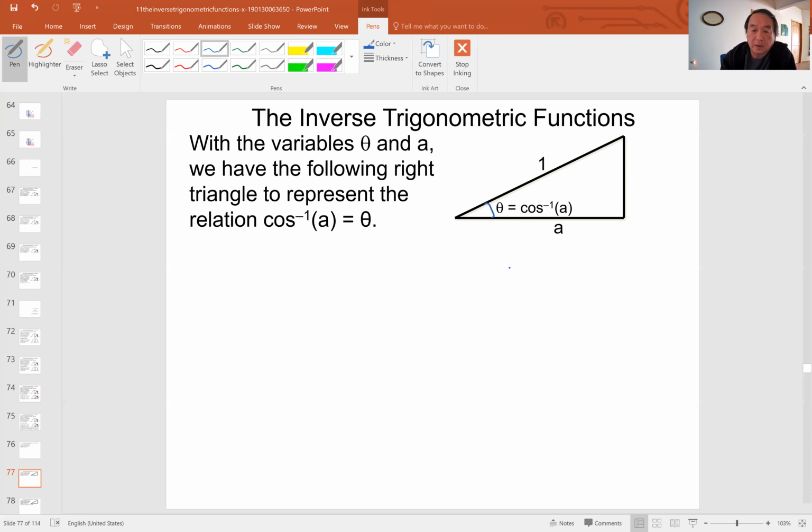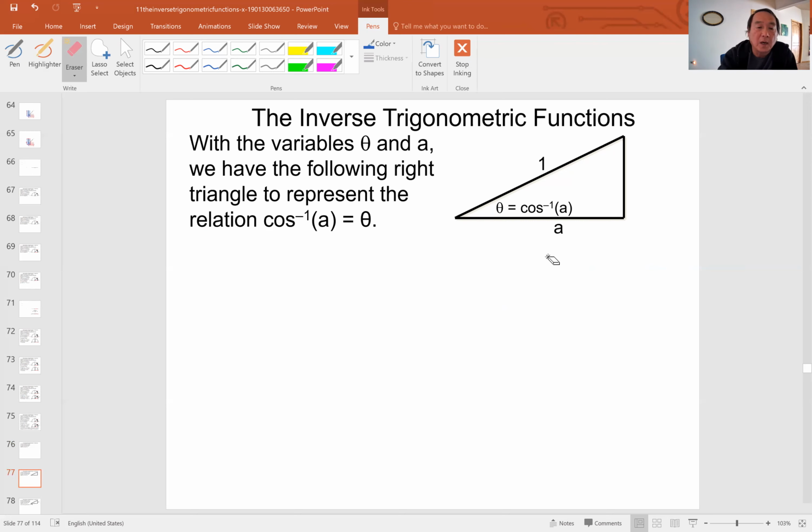So cosine theta is A over 1. In SOHCAHTOA, this is the CAH: adjacent over hypotenuse, and the hypotenuse is 1. We call this triangle the reference triangle, or the picture triangle, for cosine inverse.